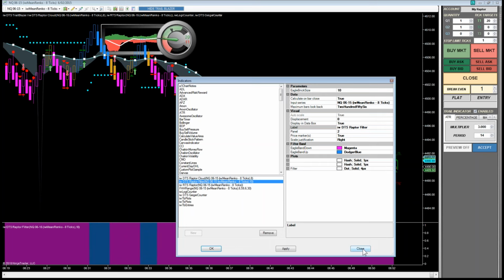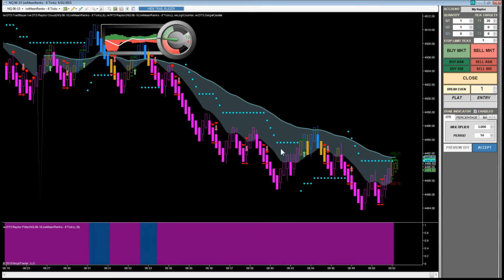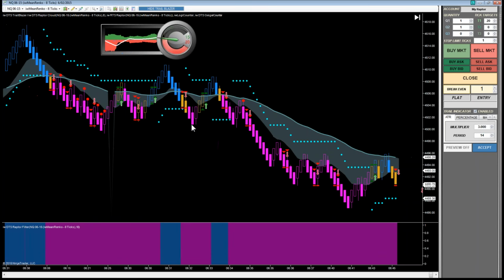Now yours are probably 12, and they're probably fine at that. I sped them up a little bit because I was getting these types of things where I was printing a signal, like right here, we're printing a full-on sell signal.